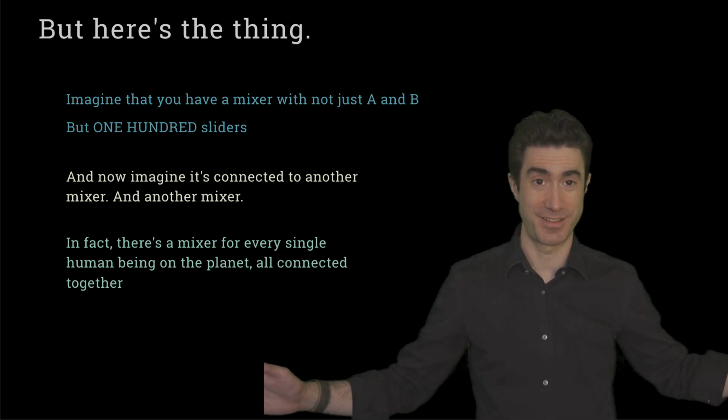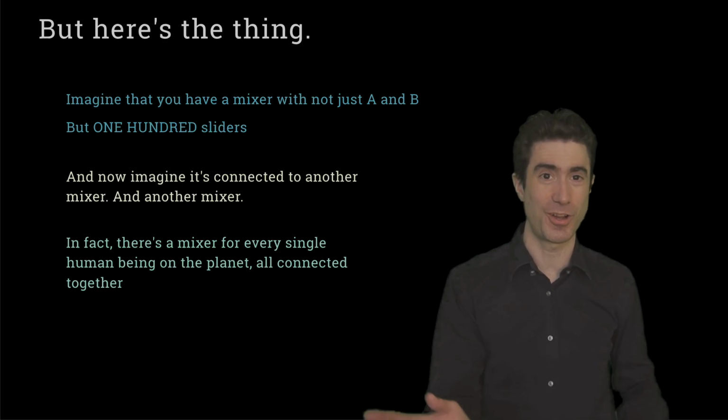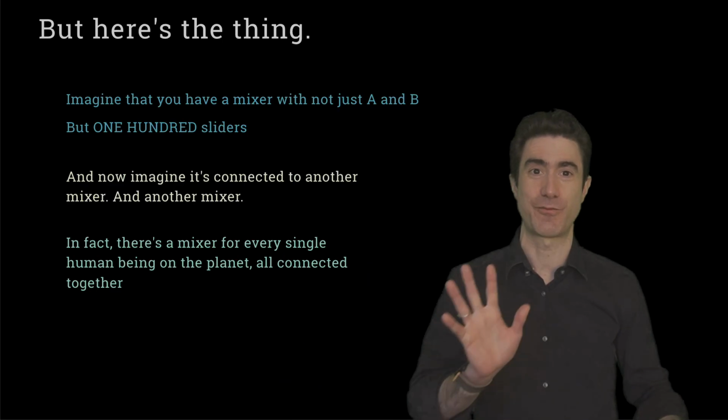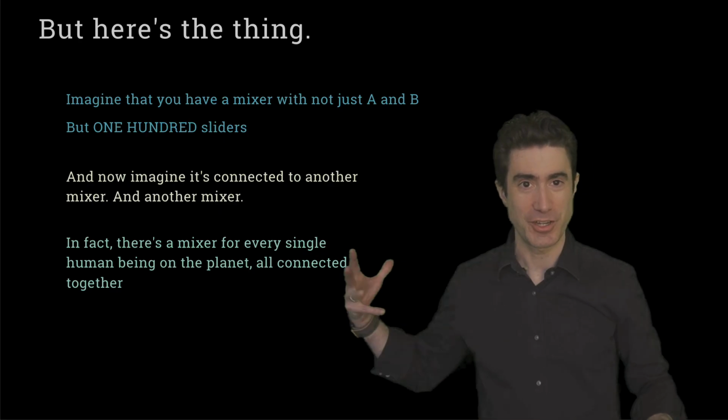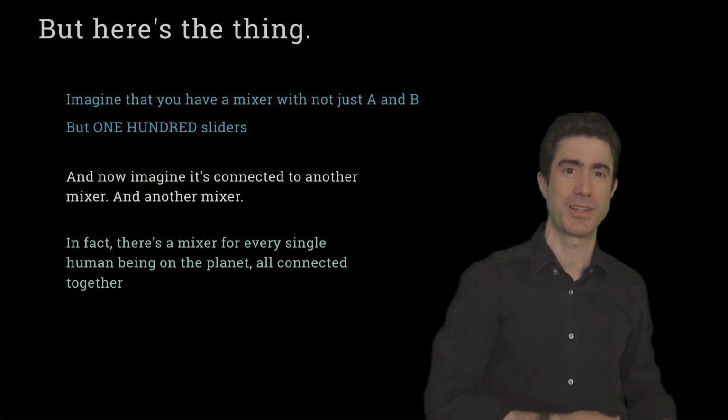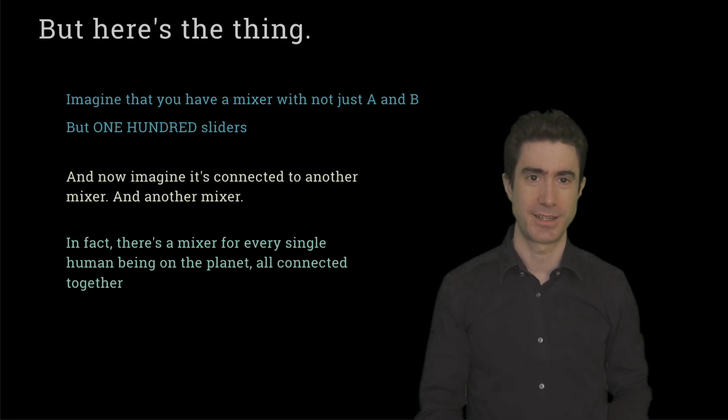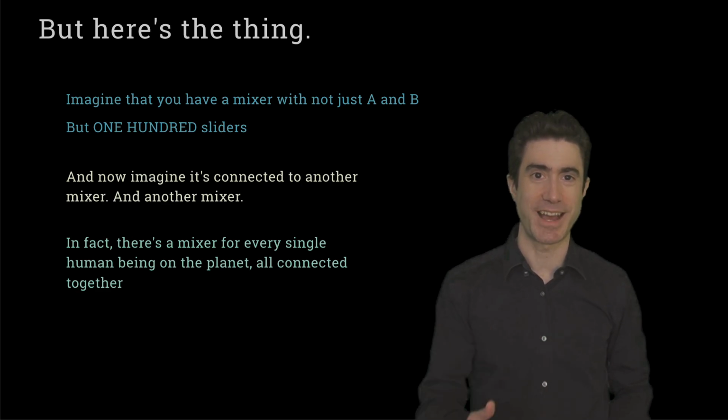Every single person has got one of these, and they're all arranged in this clever way, this transformer architecture. They're hooked up to be very efficient so that information can flow through every single person's mixer on the planet. Imagine that. That is the complexity. That is the number of parameters in ChatGPT.